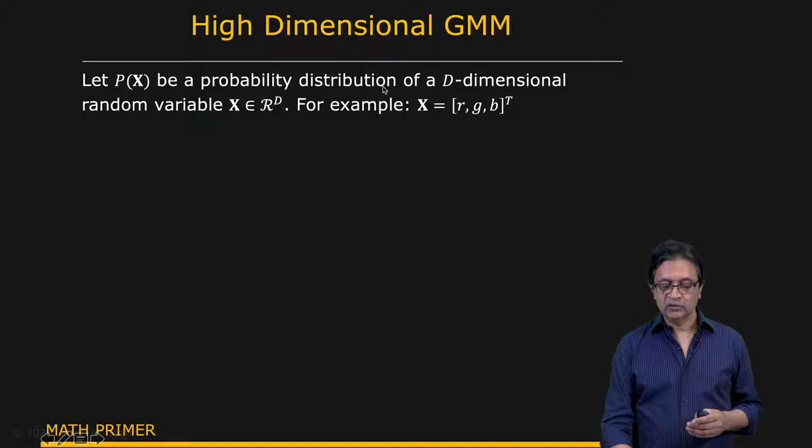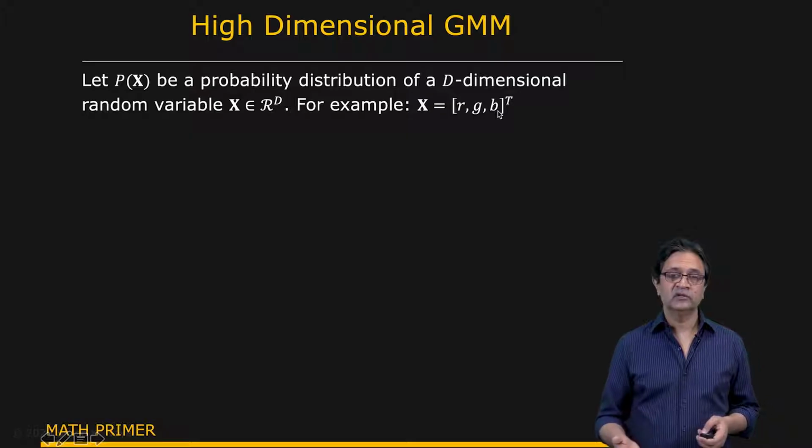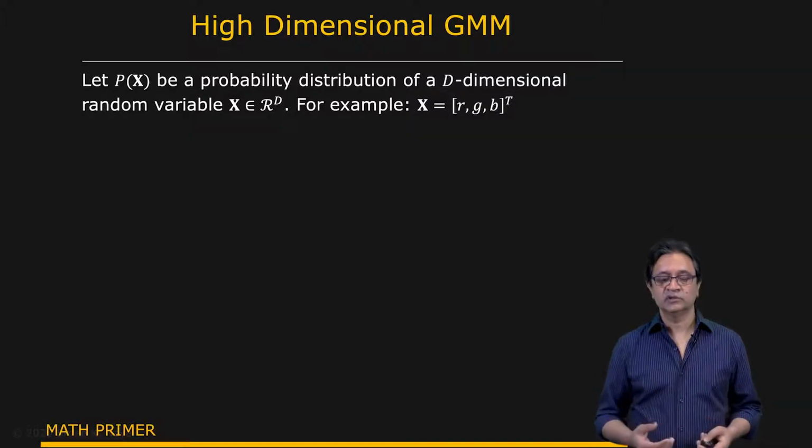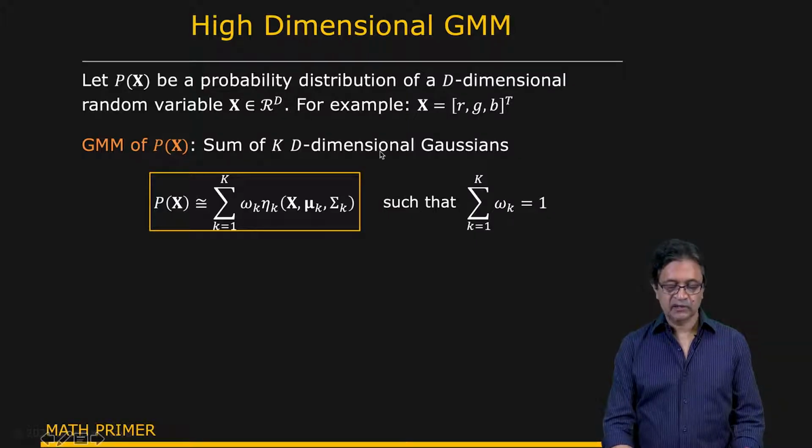You can do this modeling using Gaussian mixture models for any dimension of data, d-dimensional data, but in our case, d is equal to 3 as an example because we have red, green, and blue. So we need to see the distribution as a sum of k high-dimensional Gaussians, each d-dimensional. D in our case, once again, is 3.